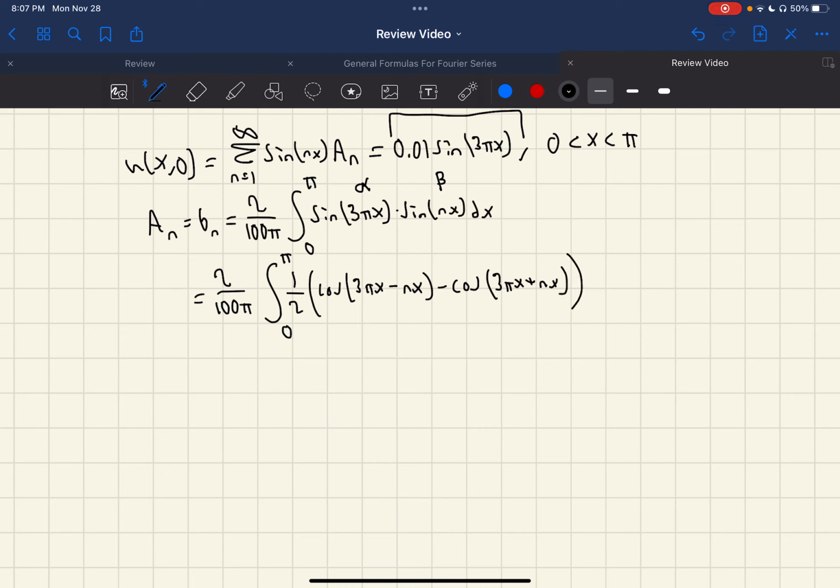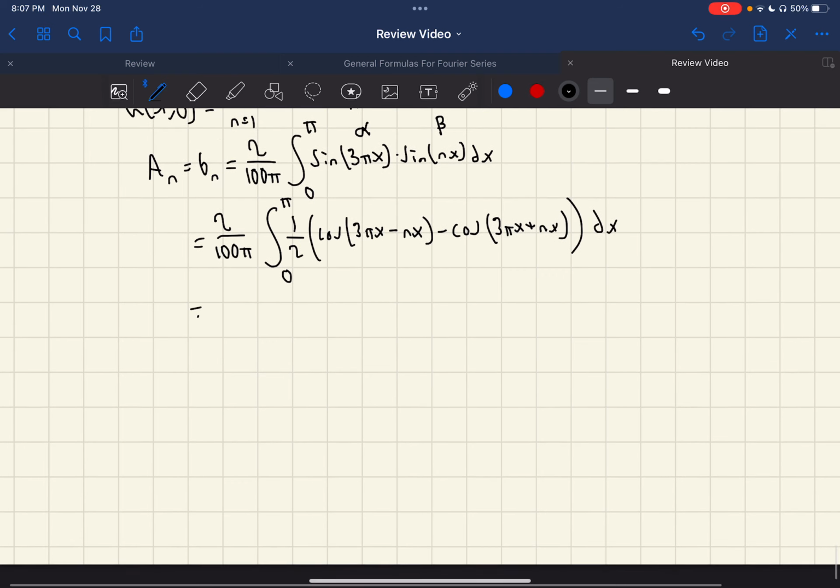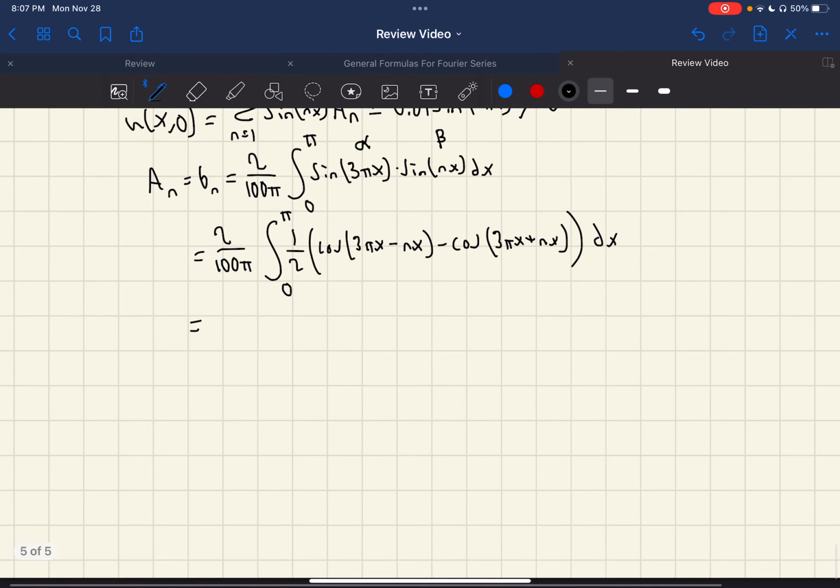So now we have an integral that we can solve much easier. I'm going to rewrite this again so we can pull the 1/2 out, so we're left with 1 over 100 pi. And now, because it's the integral of the difference of two functions, we can split this up into two integrals just to make this a little easier.